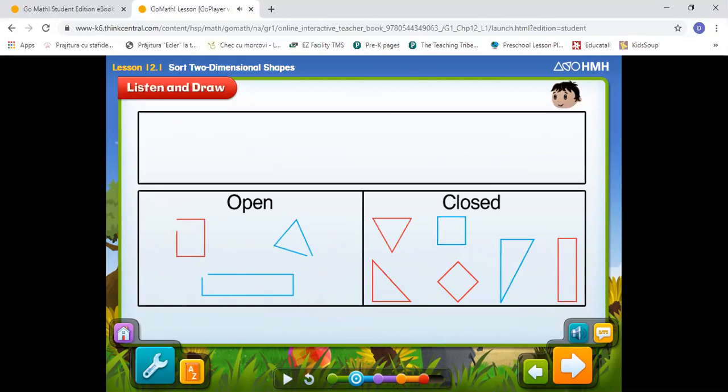So until now we had three types of attributes that we can use to classify. We can classify the shapes by color, red or blue, by number of sides, 3 sides or 4 sides, or by their type, if they are open or closed. You can see here these are open shapes. Look, and on the other side we have closed shapes.